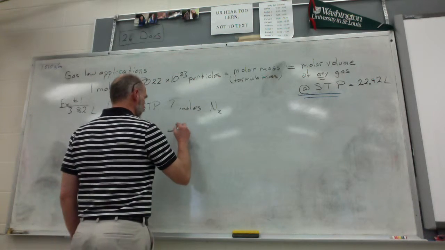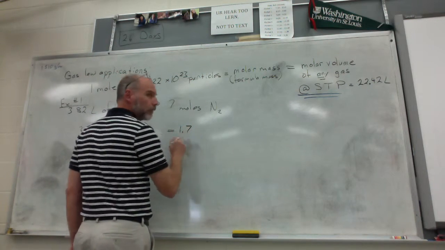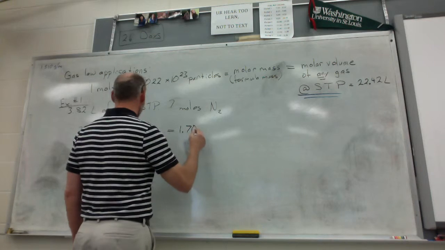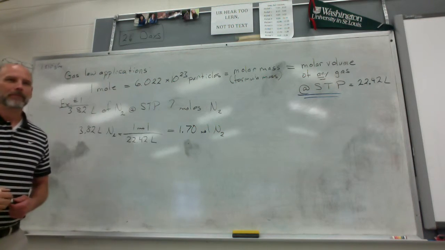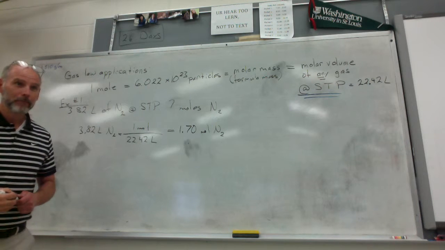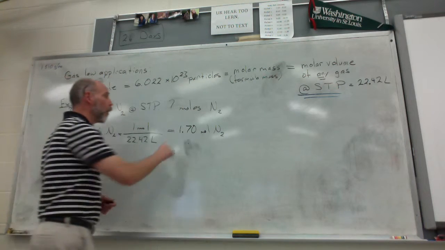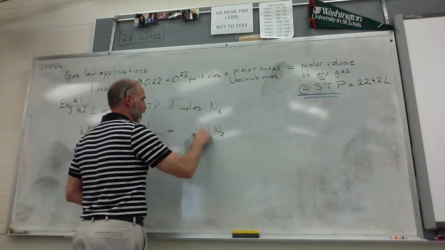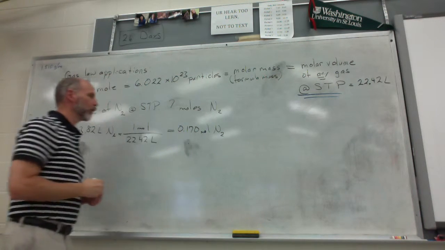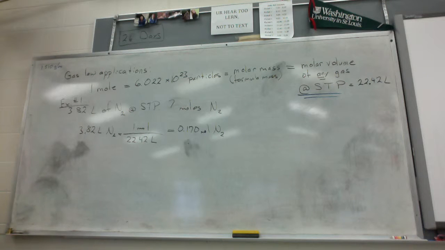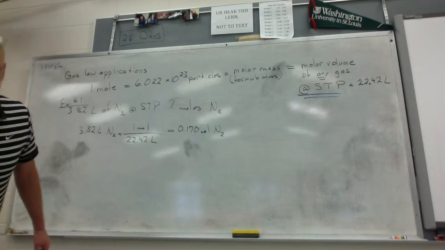I need another significant figure: 0.170. So around 0.170 moles of nitrogen. Pretty straightforward, wouldn't you agree?